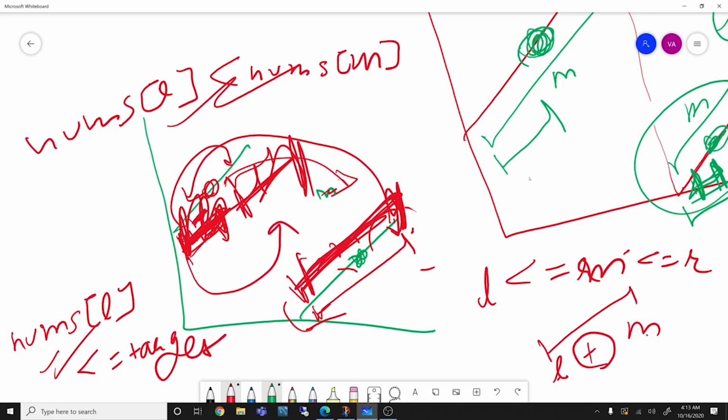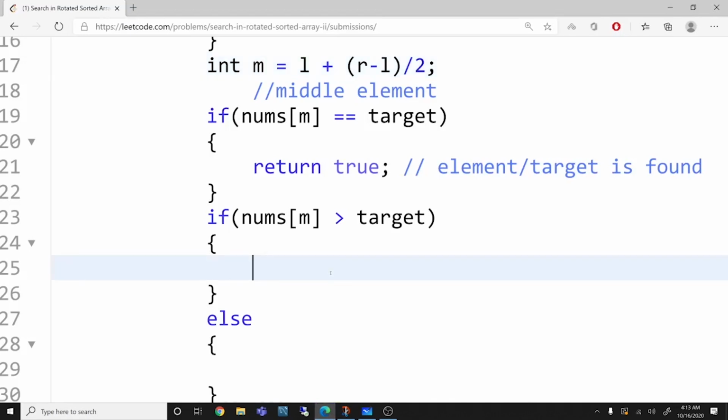So let's write this down in code as well so that this is clearer. So I was talking about this condition, and in this I'll now write down two if conditions more. So if my nums of L is greater than nums of M. Alright. So this was the first condition, the condition where M was in the lower line. Alright.